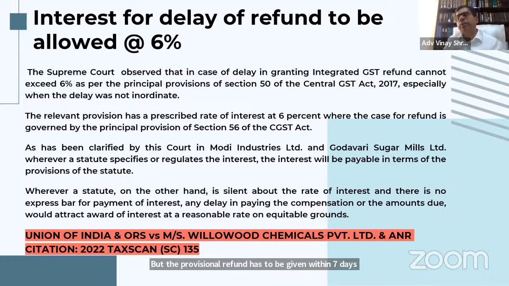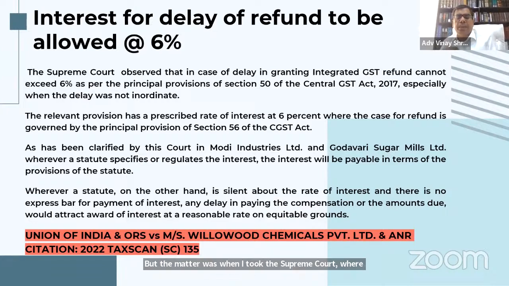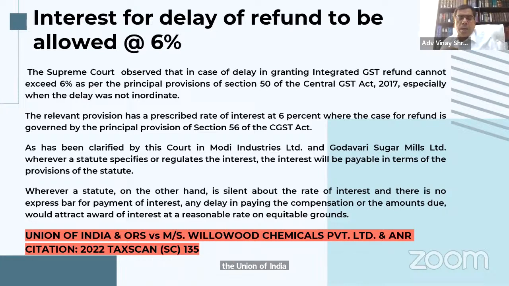So I argued that since no rate of interest is prescribed for the period between the 7th day and the 60th day, and the interest which should have been automatically given by the department has also not been given, then in the form of compensation for that period, the rate of interest should be higher than 6%. So the Honorable Gujarat High Court allowed interest at the rate of 9%. But the matter went up to the Supreme Court, where the Union of India filed an appeal against the said High Court judgment.